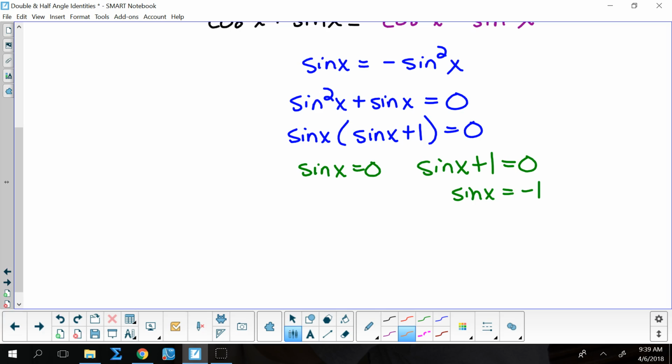Where is sine equal to 0? 0 and pi. Where is sine of x equal to negative 1? So we've got 0, pi, and 3 pi over 2.